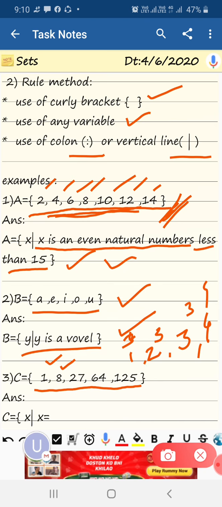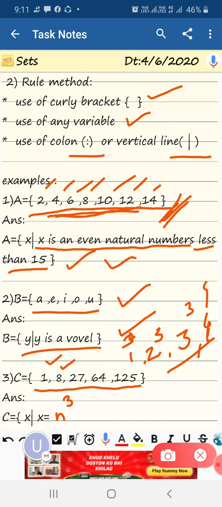So 1, 2, 3, 4 are natural numbers, and here it is the cube. That means we can say these are all cubes of natural numbers. So we can define this x. Take any variable x, then we keep a vertical line. And what is this x?